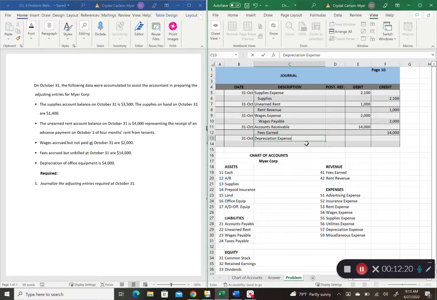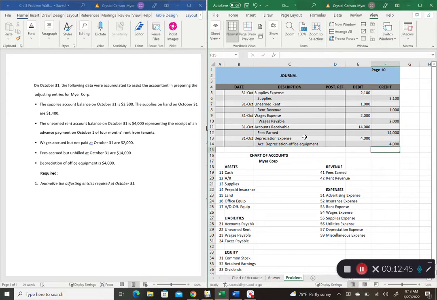They gave us the amount of depreciation, which is common in an introductory course. We will make you calculate depreciation as the semester goes along, but you're always going to credit your accumulated depreciation. And then we're going to signify what it is depreciating, I should say, office equipment here.